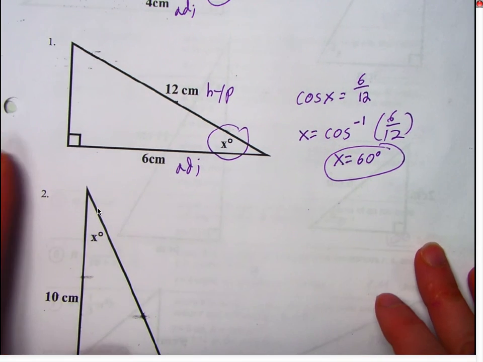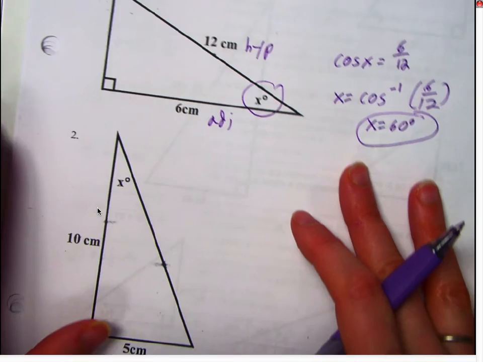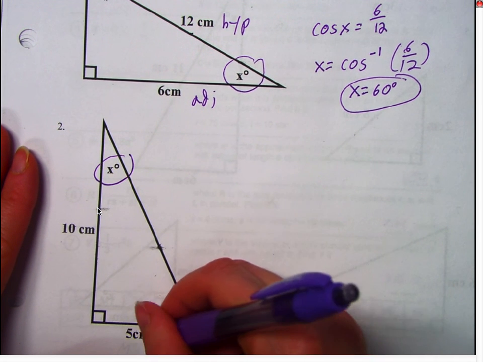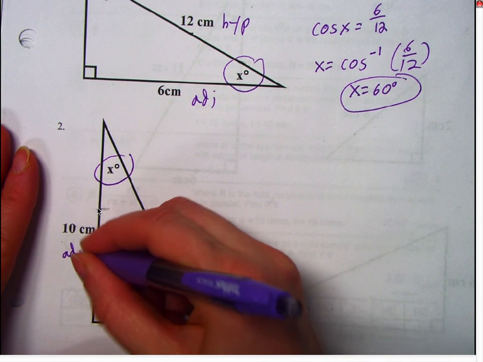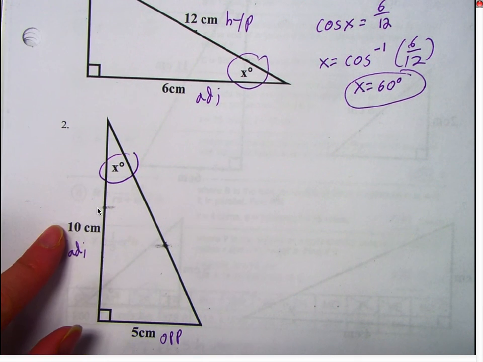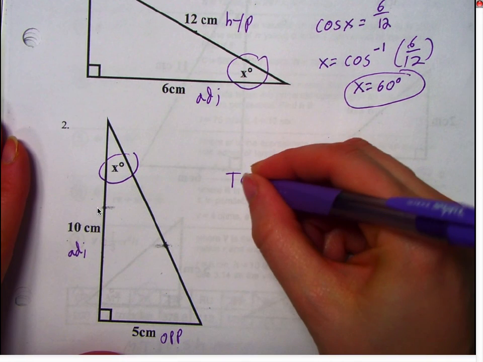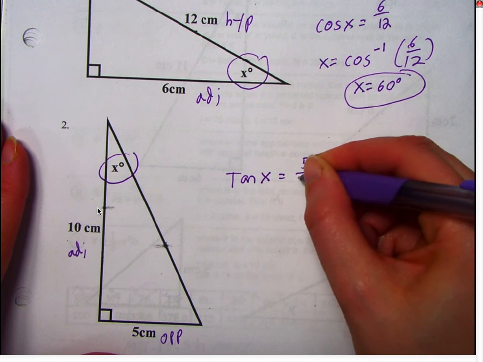Let's look at number 2. Here's x. 5 is my opposite. 10 is my adjacent. Okay, so I've got opposite and adjacent, which means I'm going to use what? Tan. So tan of x equals opposite 5 over adjacent 10.